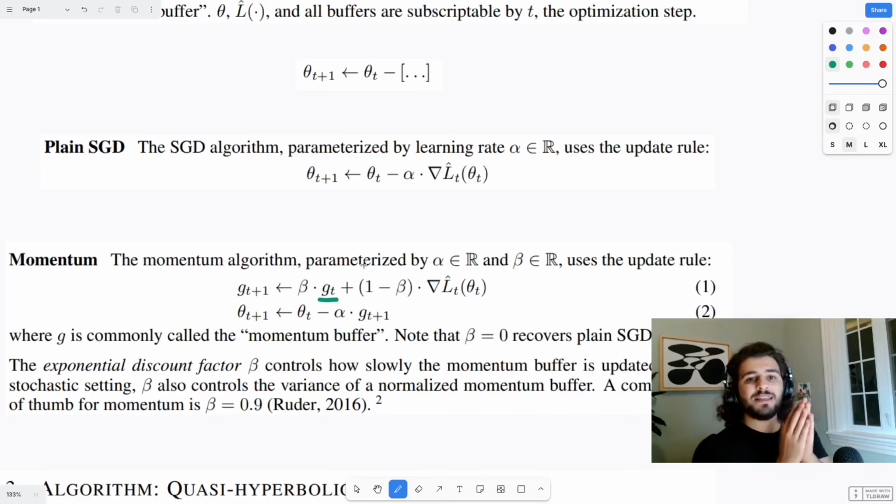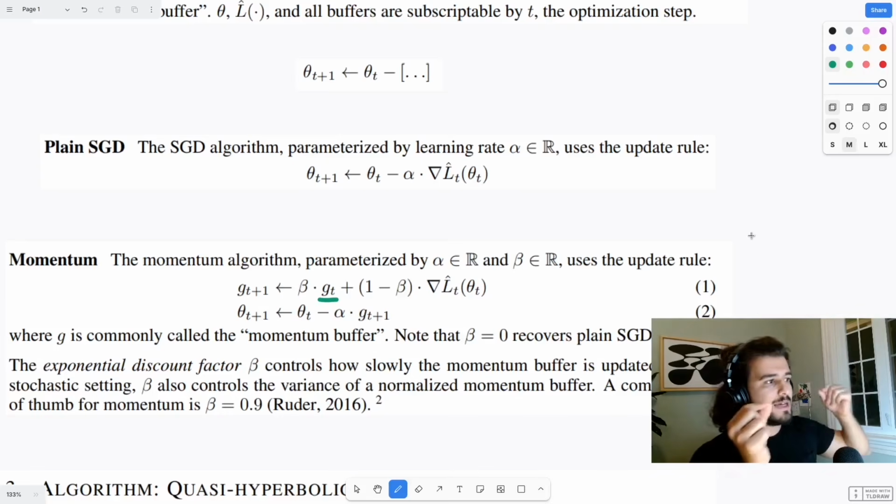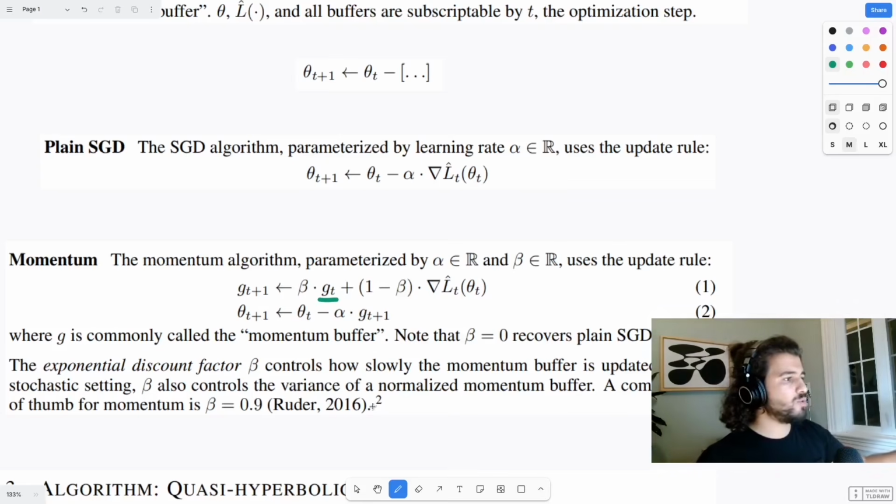So what it effectively is doing is taking into consideration the previous optimization we've done. If it was super big before and now it's super small, and the beta is controlling, let's say it's at 0.9, you will take into consideration what was happening before, but dampen it down just a bit. So this is how effectively you're getting this ball to be rolling.